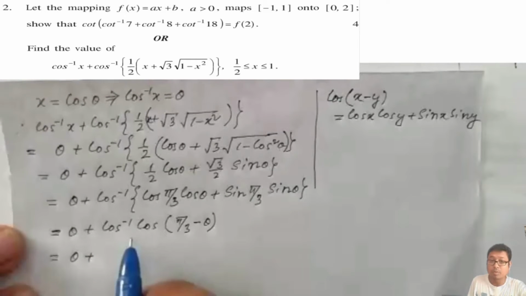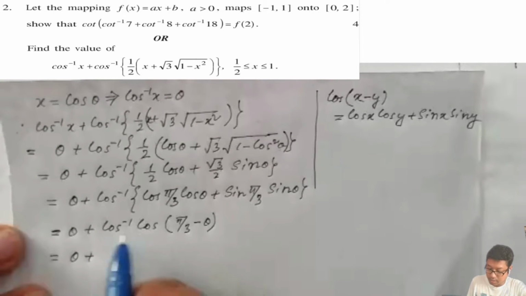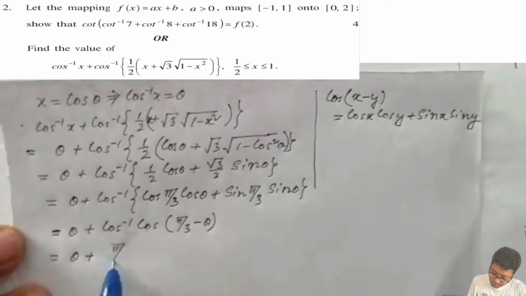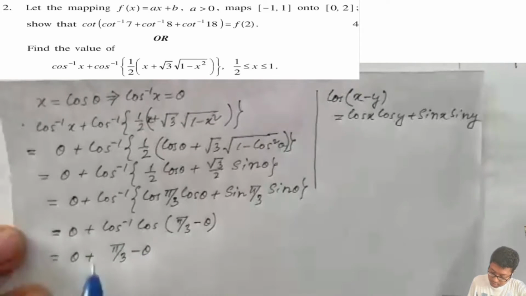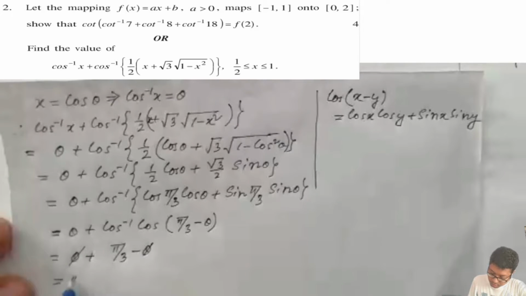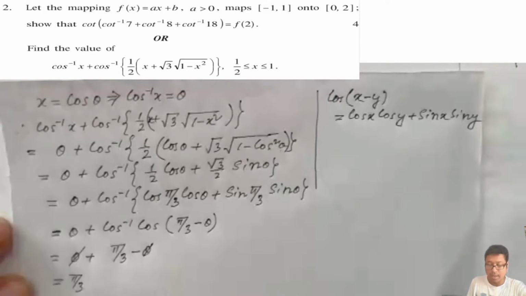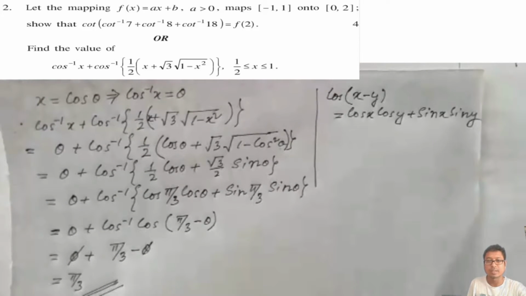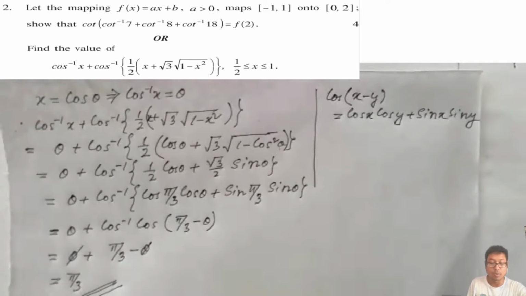If I use composition of function over here, this will become identity. So cos inverse of cos of pi by 3 minus theta is pi by 3 minus theta. So this theta gets cancelled out, and this is equal to pi by 3, and this is our answer. I think it is not so difficult, a simple one.